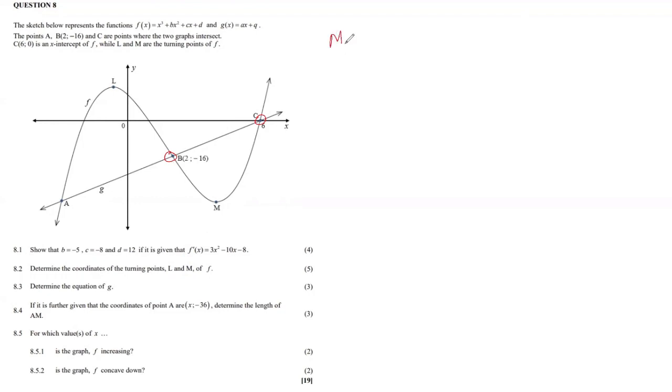So we can calculate the gradient of line BC by saying y2 minus y1 over x2 minus x1, right? Here we have (6; 0), so we can choose to make this our y2, so this will be 0 minus negative 16, and then here we will have 6 minus positive 2, so this is 16 divided by 4, which will give us 4.